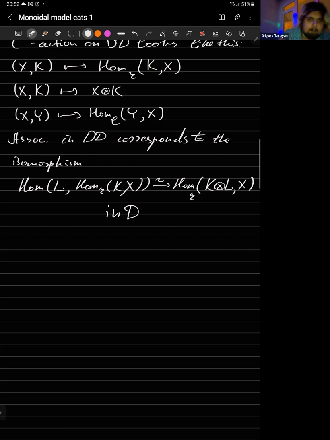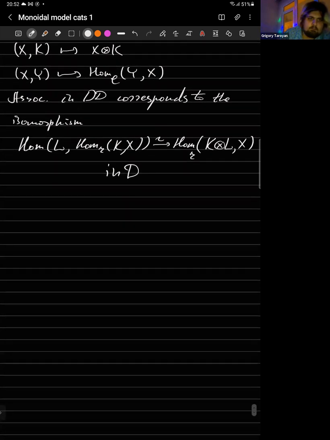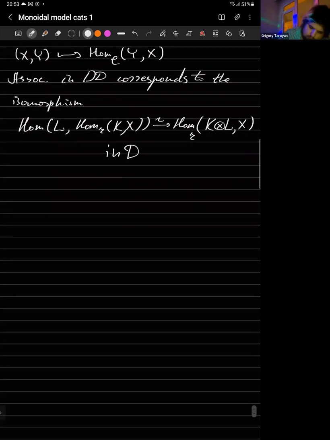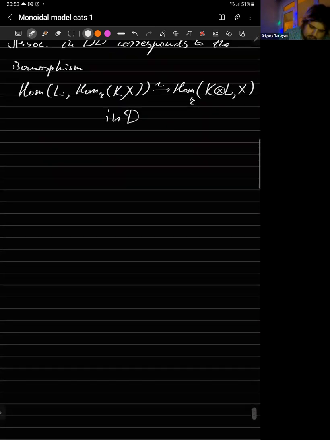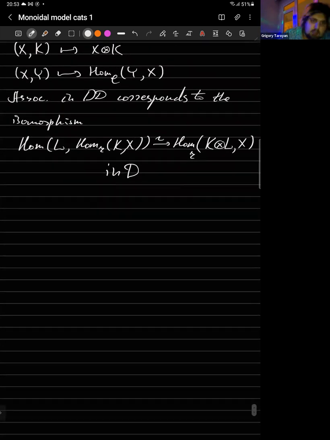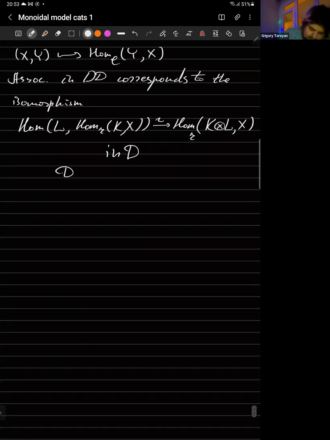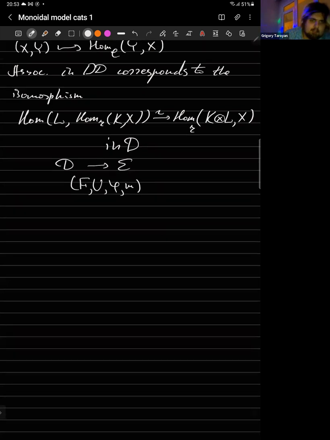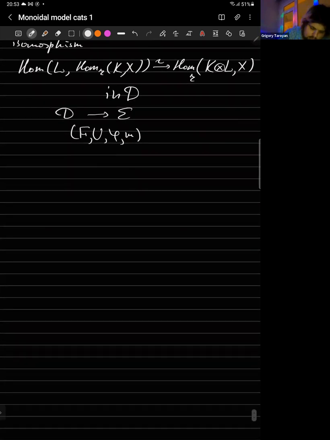Yeah. So this duality always obviously extends to functors. So if we have an adjoint pair, which is a morphism between D and E, then we can construct an adjoint pair in the opposite direction, which looks like this.